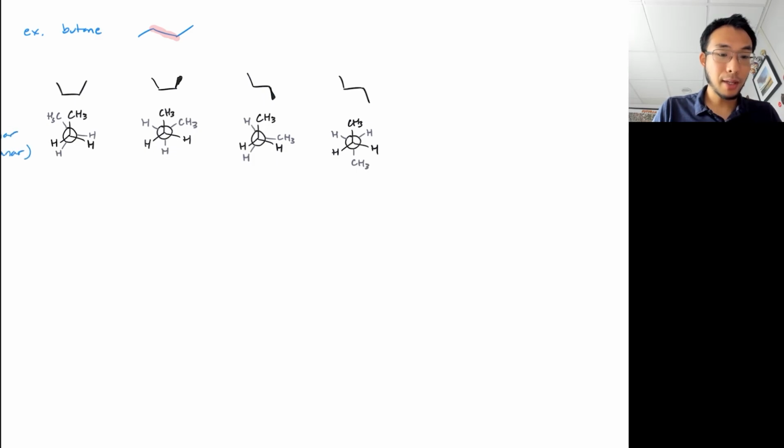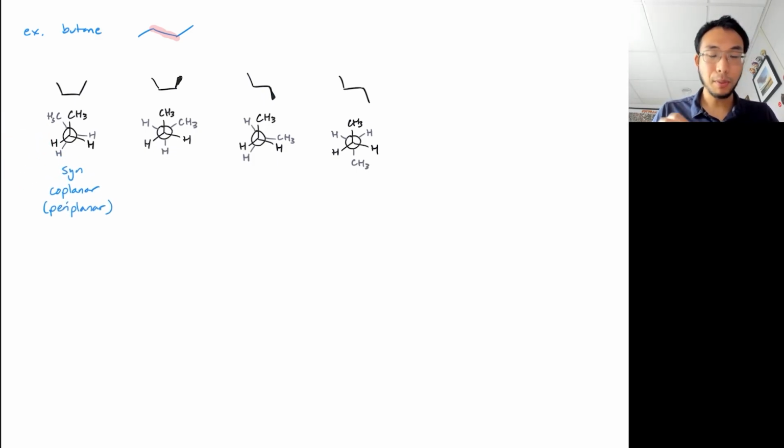We do have names for these. So what people will start to call these is kind of referring to the two groups attached to that bond and referring to their relative locations around the rotating bond. So when they are eclipsed with each other, we would call that syn, and more specifically we call it syn coplanar because they're kind of in a single plane.